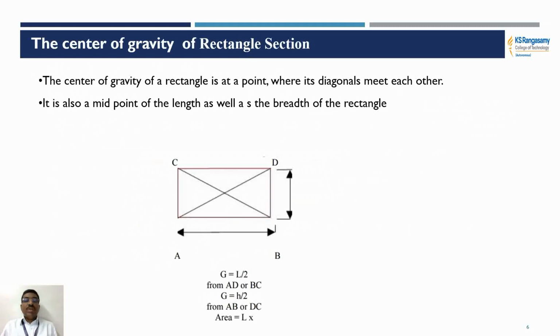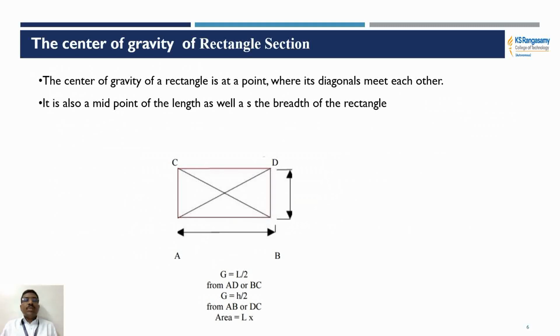Consider the center of gravity of a rectangular section. The rectangular section has L as well as B as its dimensions. L into B is the size of the rectangular section. The center of gravity of a rectangle is at the point where the diagonals meet each other.